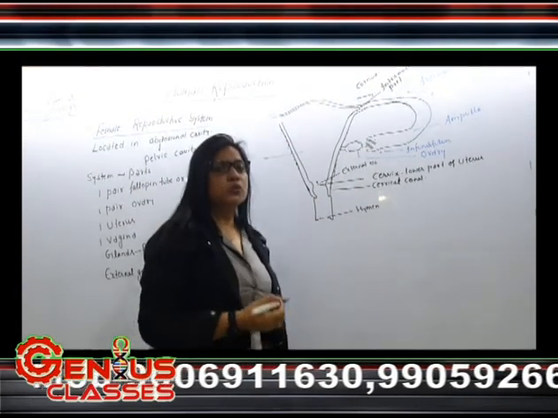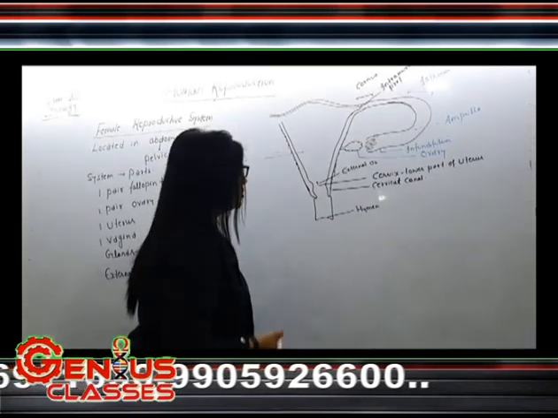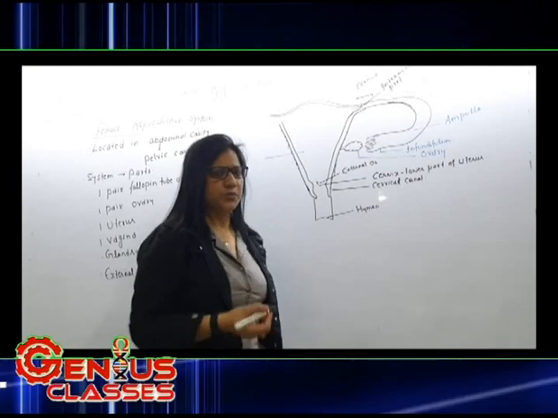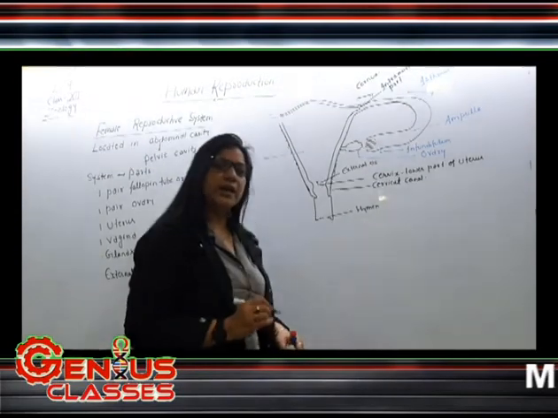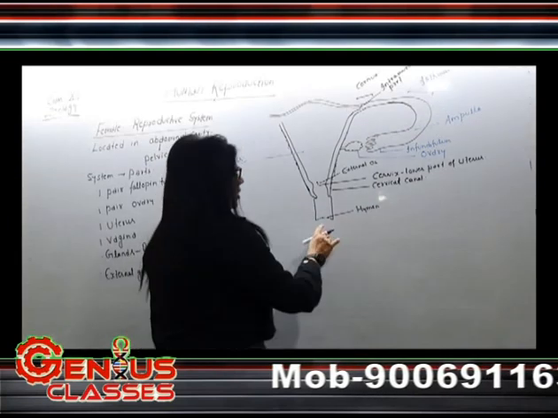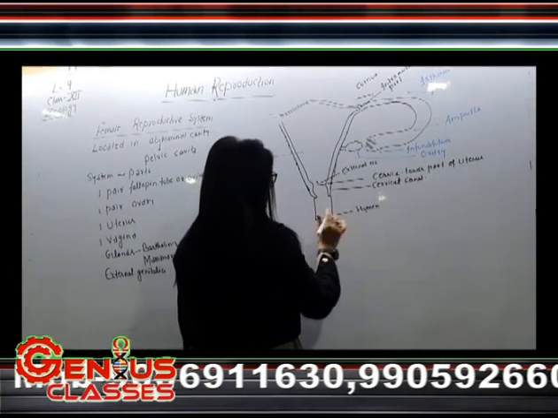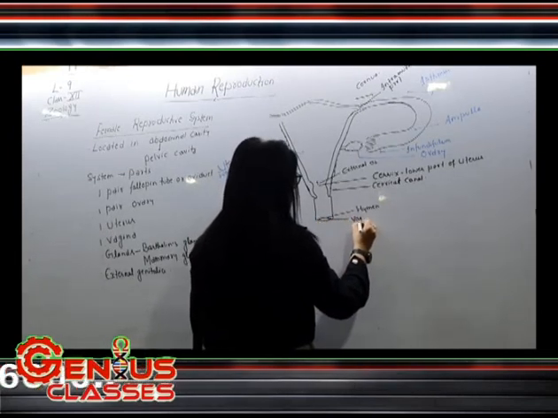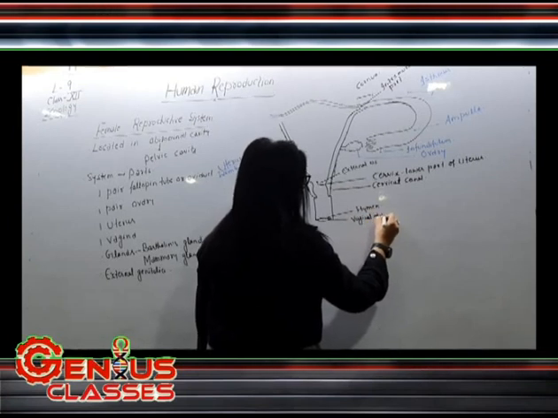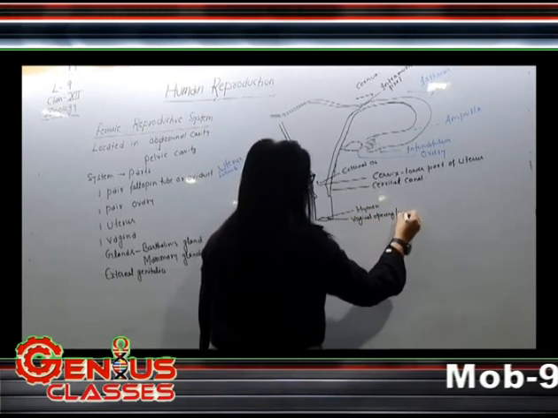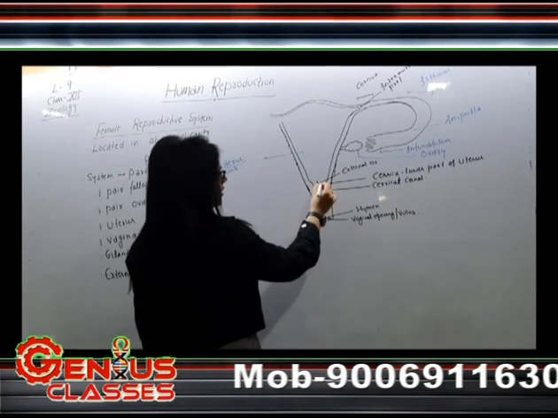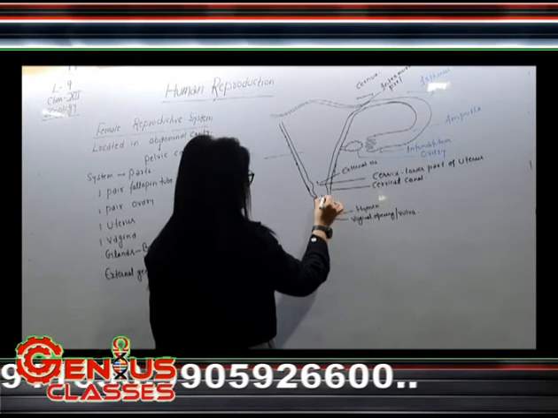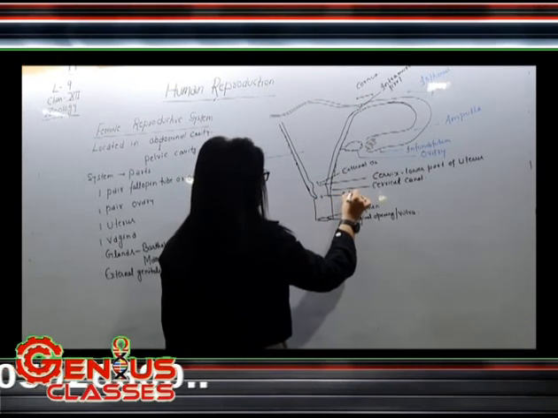Nowadays, this is not a true indicator of virginity because girls are involved in so many co-curricular activities like cycling, sports, horse riding, and at that time it may get ruptured. Here is the opening, called the vaginal opening or vulva. The opening facing the vagina is called the internal OS.